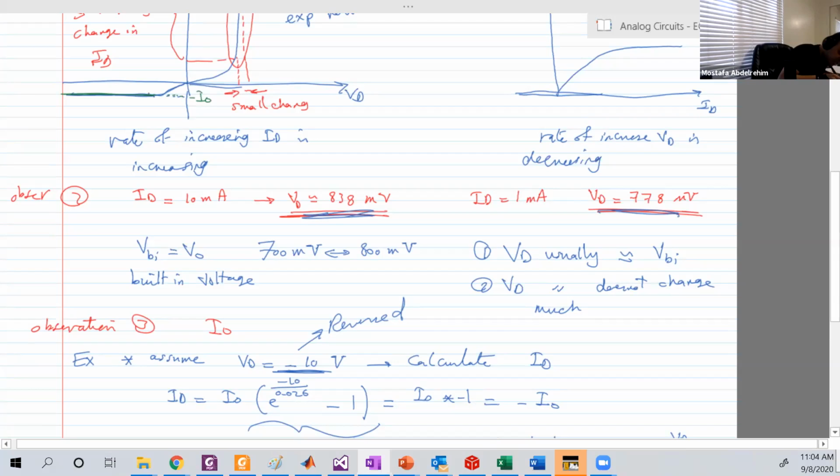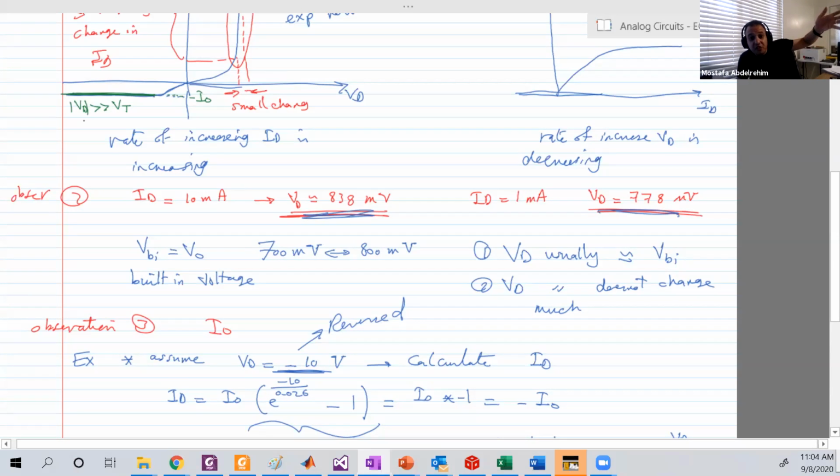In this region, when you substitute in the equation minus V_D over V_T, usually V_D is much larger than V_T, and V_D is negative, remember?